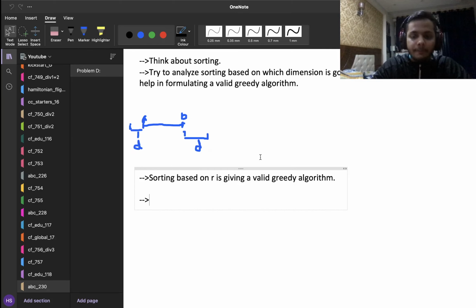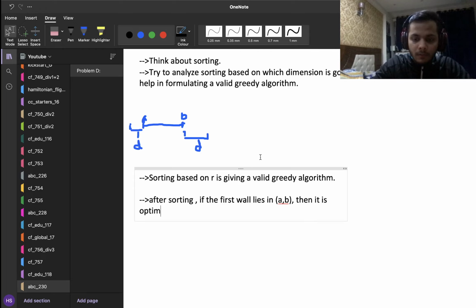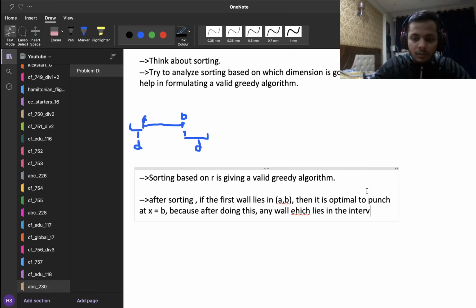So what I'm trying to say is that if after sorting, the first wall lies in a to b, then it is optimal to punch at x equals b, because after doing this, any wall which lies in the interval from b to b plus d minus 1 will also be destroyed.